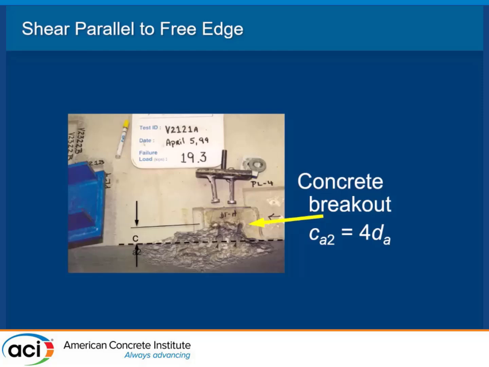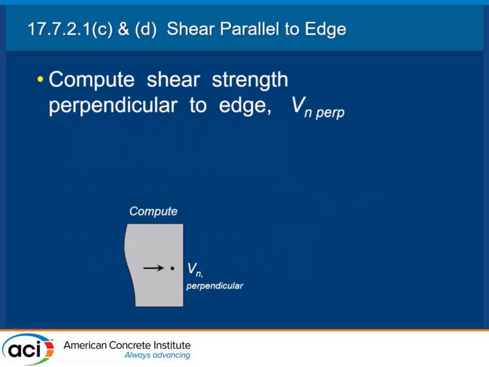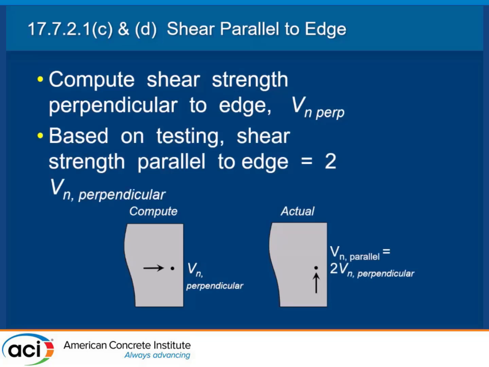In that case, we compute the capacity as if the same load was going towards the edge, calculate the capacity, and then double it, and that is the capacity against breakout failure for shear parallel to an edge. So it's a great simplification, an easy check when you get into that kind of case.